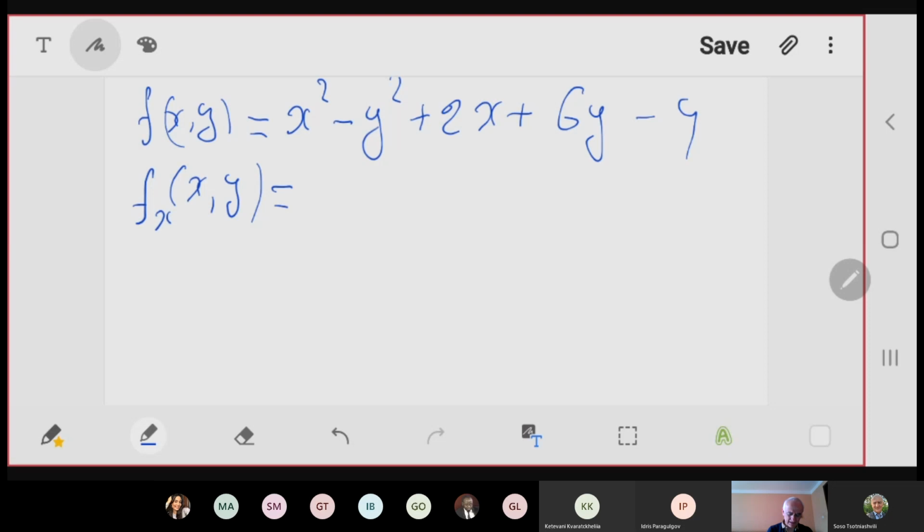So the derivative of x square is 2 times x. What is the derivative of y square? It's easy because it's constant, it's 0. I can write 0 or I can miss it. So I will write this 0.